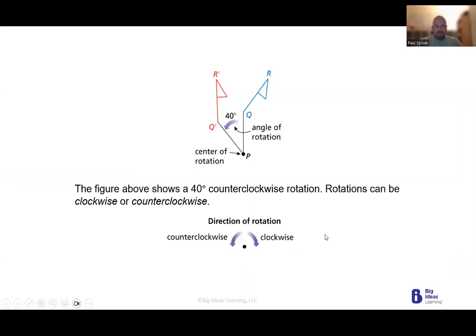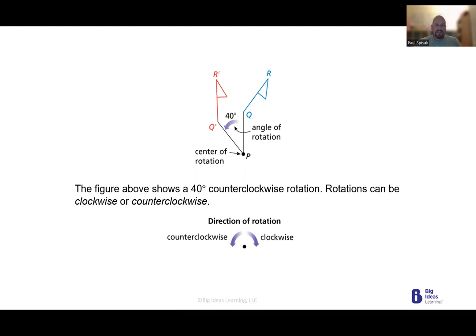All right. So here's what I was talking about with the counterclockwise and the clockwise. Whenever we go counterclockwise, again, that's normally going to be a positive degree. If we're going clockwise, it'd be a negative degree, unless it actually states counterclockwise or clockwise. If it says 40 degrees clockwise, then we're going 40 degrees clockwise. If we're going 40 degrees counterclockwise, then you're going counterclockwise.